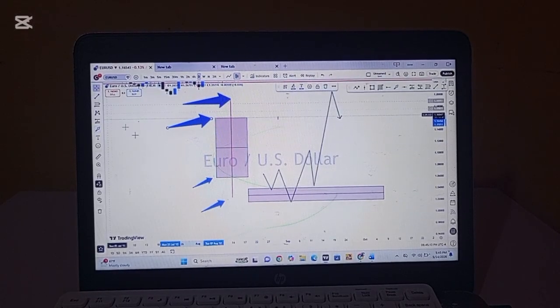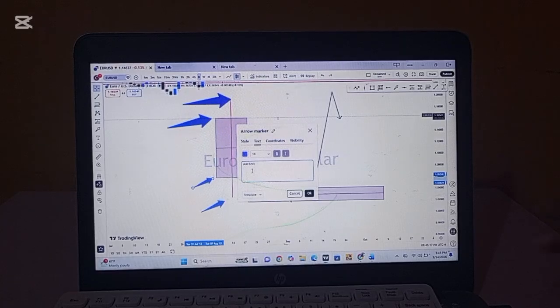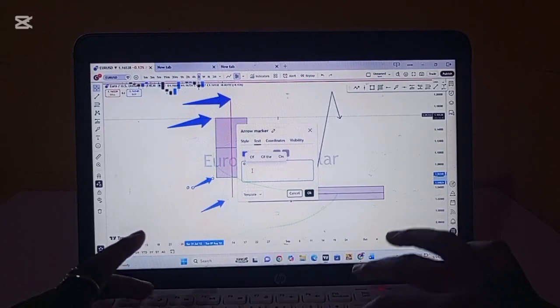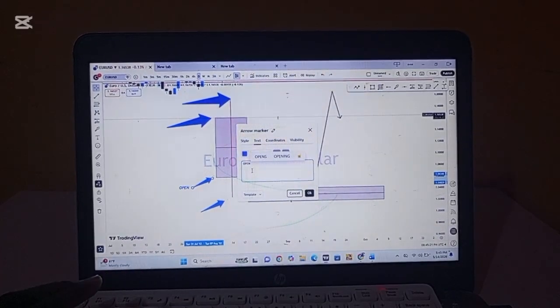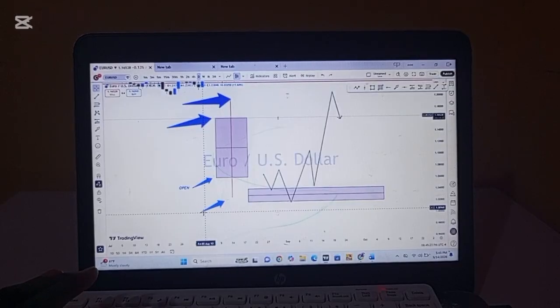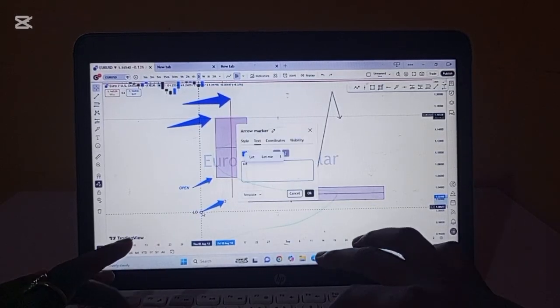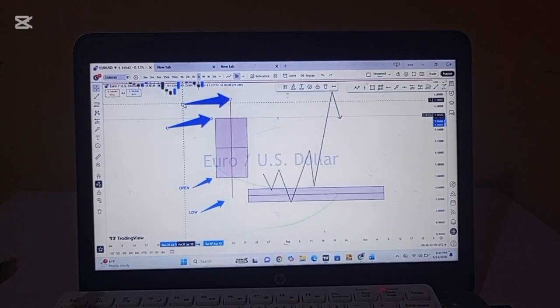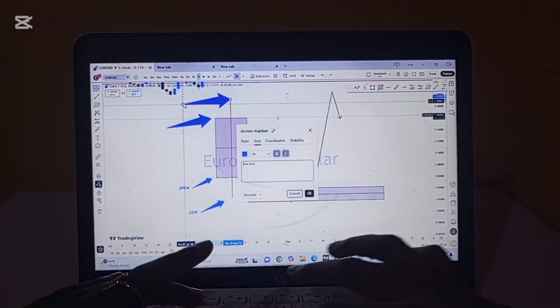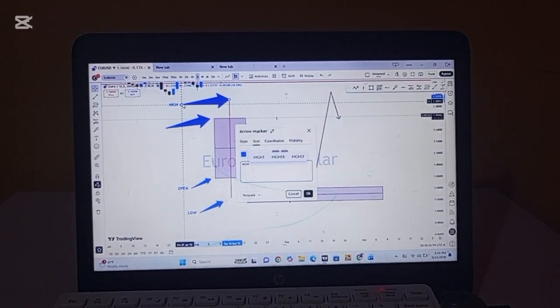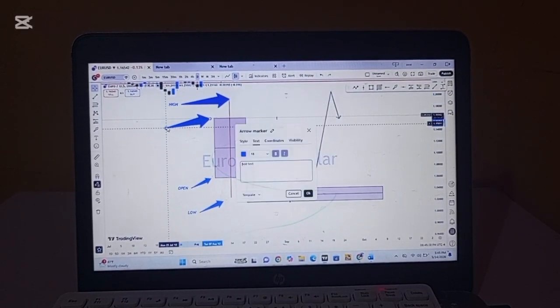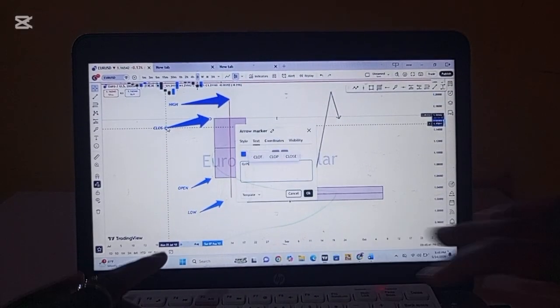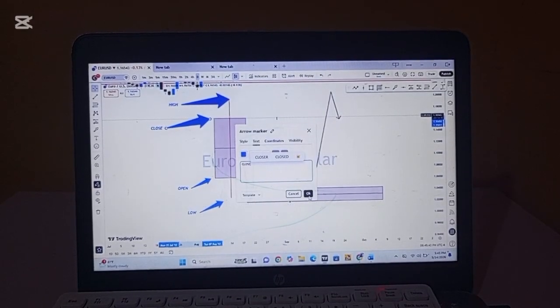So this one is the open. When you come to here, that is the low of the candle. When you come to here, because we must form a high before we close, this is the high. And when you come to here, this is the close. That is how a bullish candle operates.